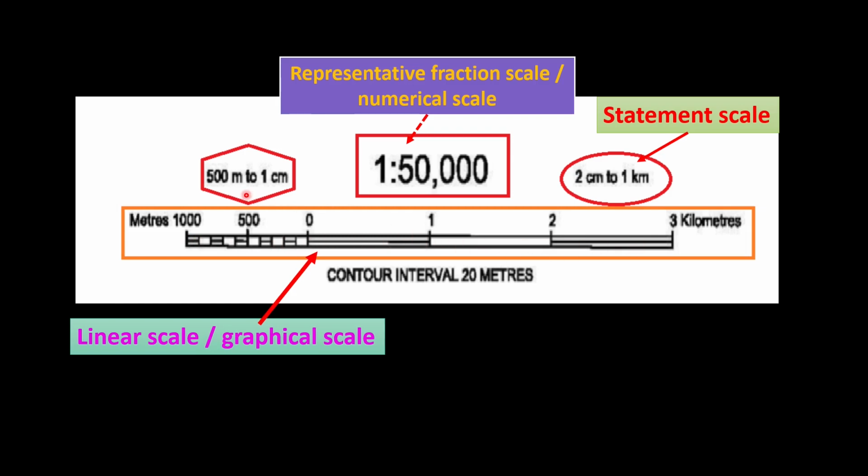Now over here we can see the left hand side of 0 on the linear scale has been divided again into 10 equal divisions, and that is showing the meters. That means towards the right it is showing kilometers, towards the left it is showing the lesser units, that is meters, to be accurate in our counting.